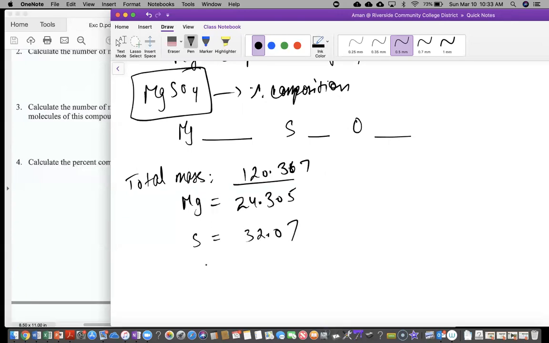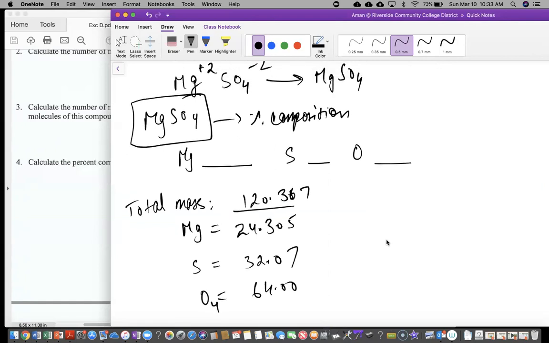And then for oxygen, 64. Now you guys can see we're doing it for 4 oxygens, right? Because our job is not to get just the atomic mass. Our job is to get the total contribution of oxygen for the whole thing. So MgSO4 is the total, and these are the individual masses.